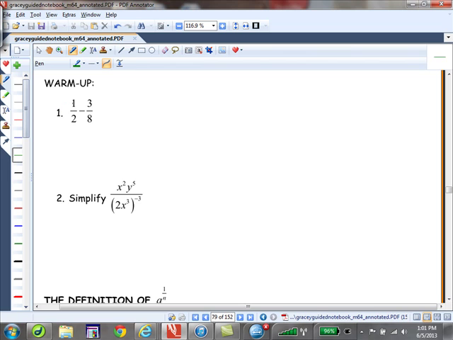This warm up is geared towards using properties of exponents, which for rational exponents are just like what you learned in chapter 5 for exponents that were integers. Now we'll be adding, subtracting, and multiplying these fractions when they are exponents.